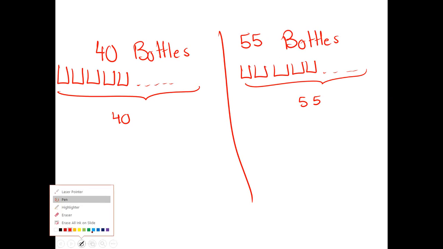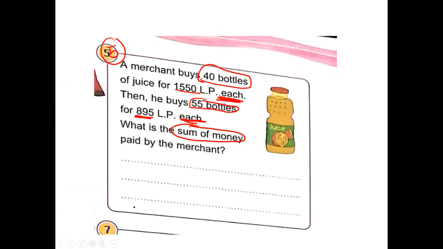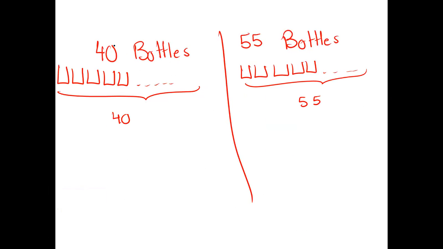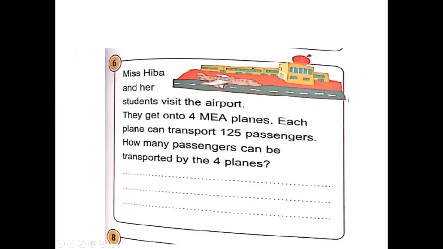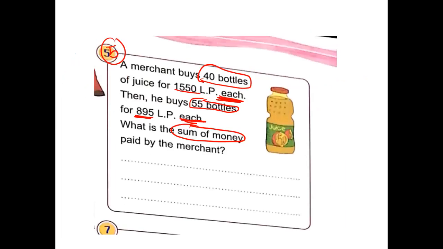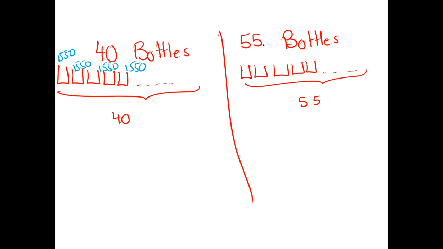Okay. Now, let's check the price of each one. Here, the word each tells us we have to remember the price of each one, 1,550. Each one of them cost 1,550. And here, each one of them cost 895.